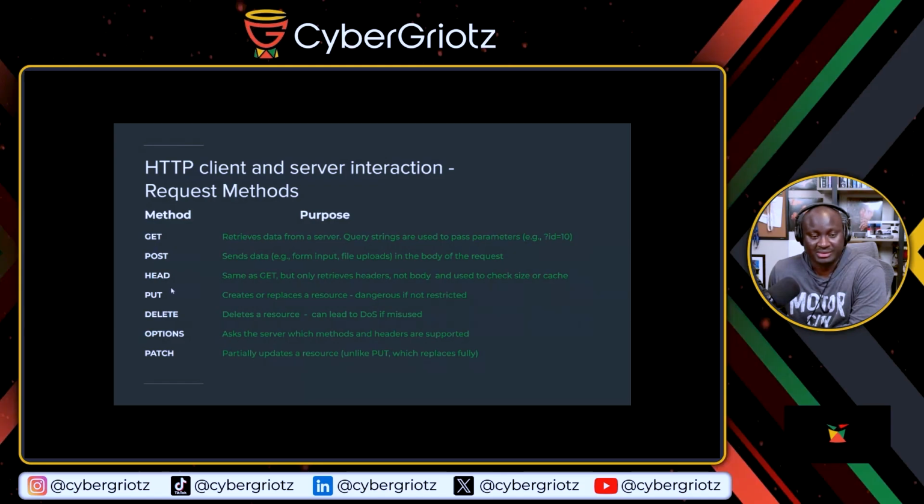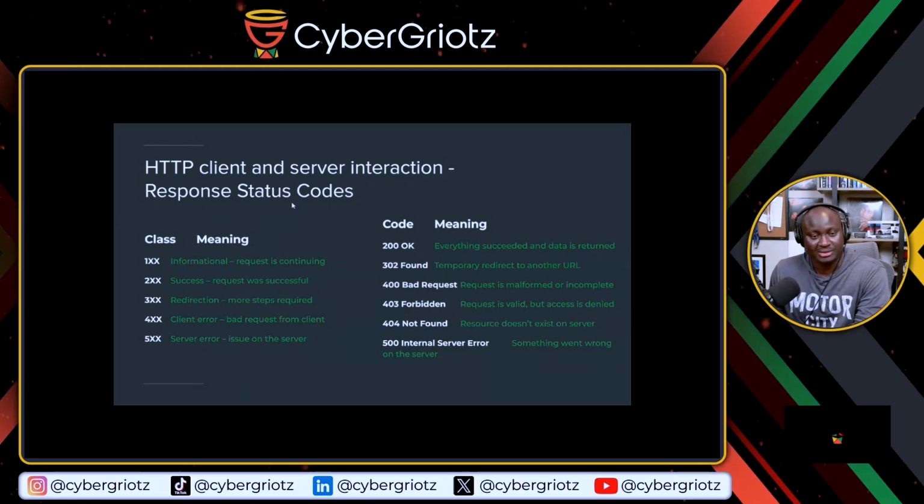But in most cases, if not implemented properly, I can use any of these other methods. And if your code and the server don't appropriately handle these, that could be a way to bypass that restriction and access that passwords.txt file. So you always want to disable the things that you're not using, just for note.